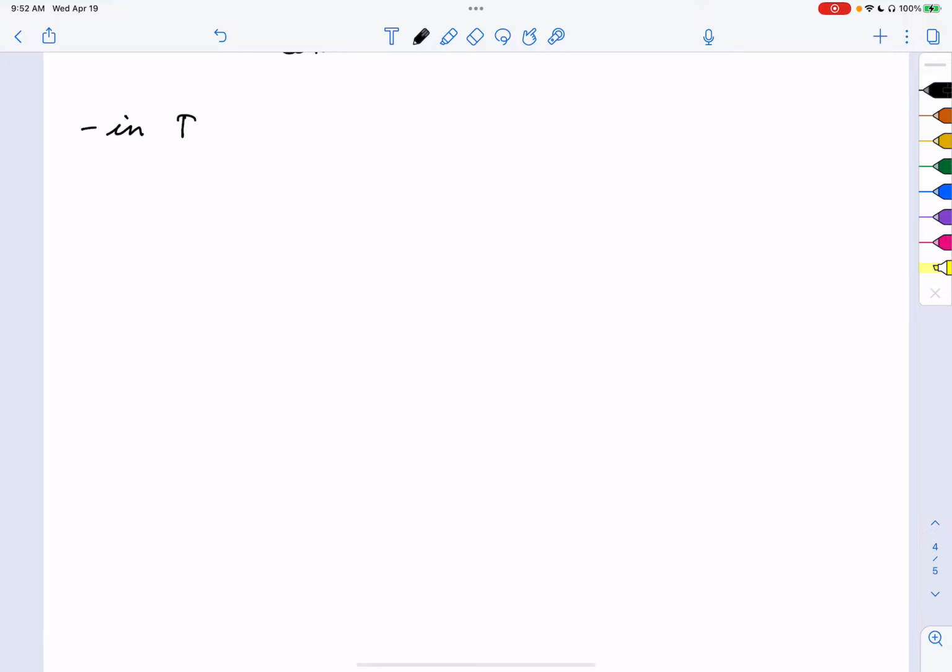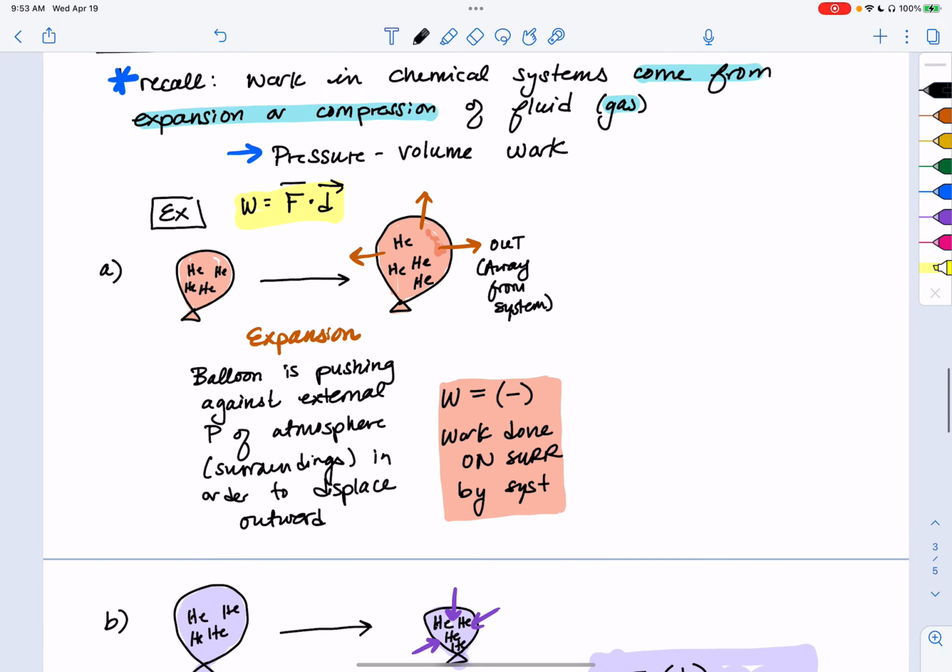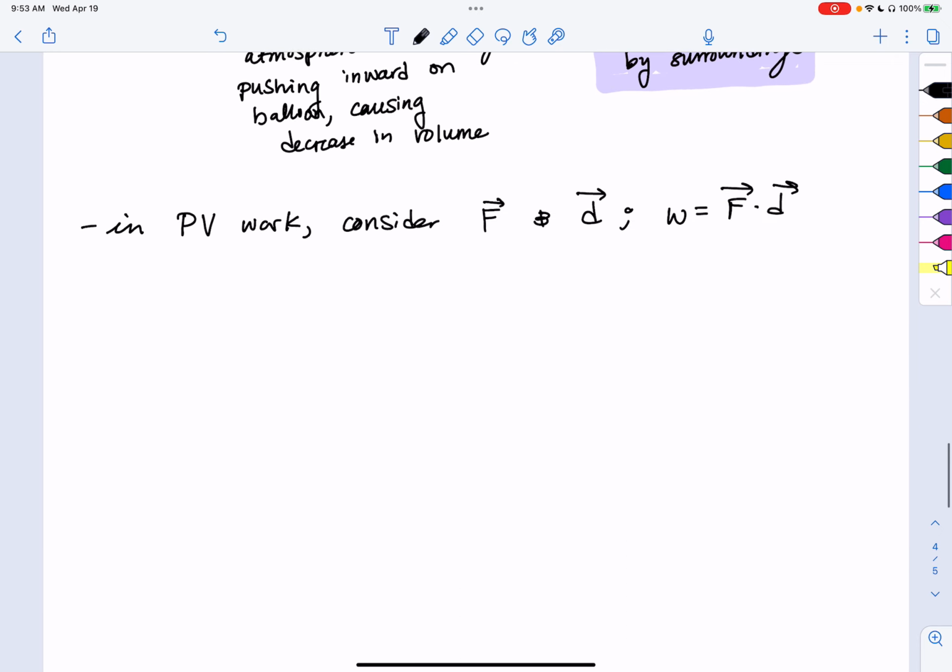So in pressure volume work, let's think about what the force is and how we can measure distance, which comes from our work by definition being force applied over some distance. I dropped a little vector hat. If this notation doesn't make sense to you, it's okay, ignore it, it just comes from physics.